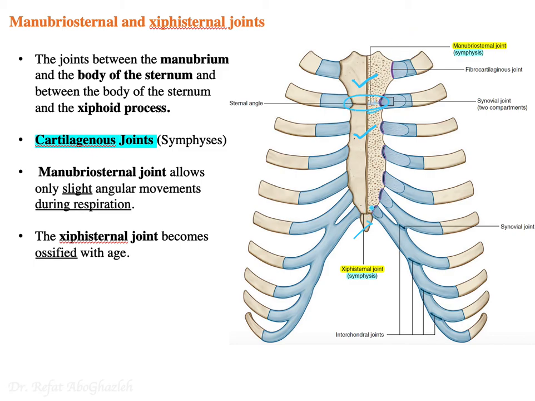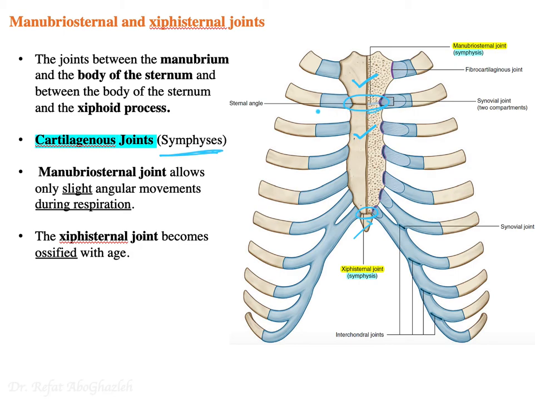And the joint between the body of the sternum and the xiphoid process we call the xiphisternal joint. Which kind of joints are they? They are fibrocartilaginous joints. Which type? Symphysis, right? That means it permits a little bit of movement.